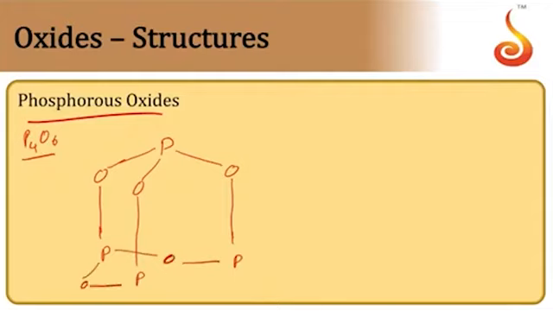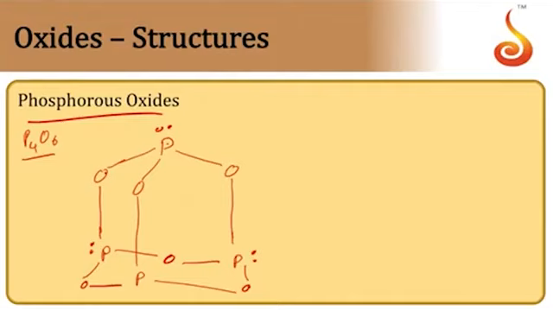Here one more POP bond is there, and here you have one more bond. Each phosphorus has one lone pair of electrons. The basic unit is a tetrahedral unit containing POP bonds, and each phosphorus has three POP bonds.